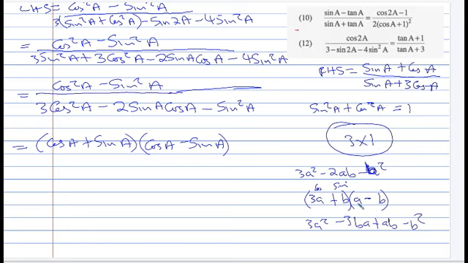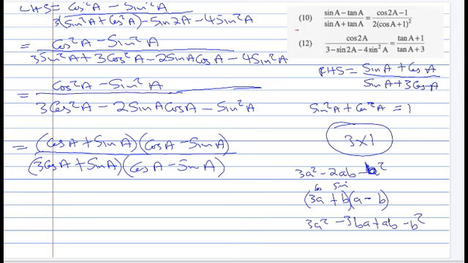Factorizing that, we have these two brackets here, all over 3 cos a plus sin a, and then the other bracket is a minus b, that is cos a minus sin a.